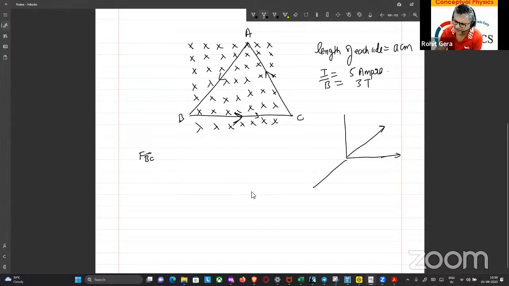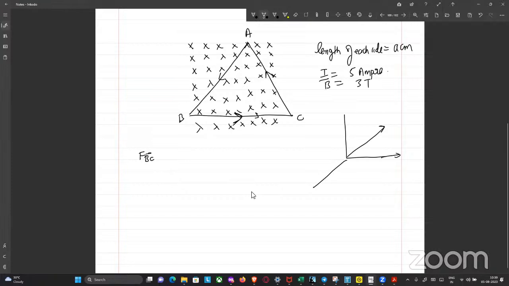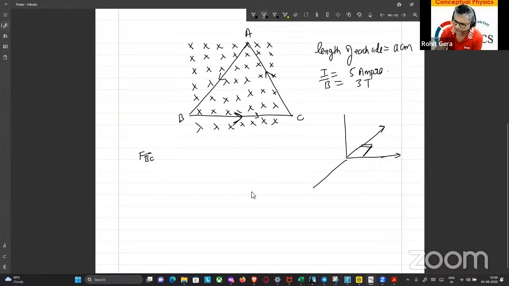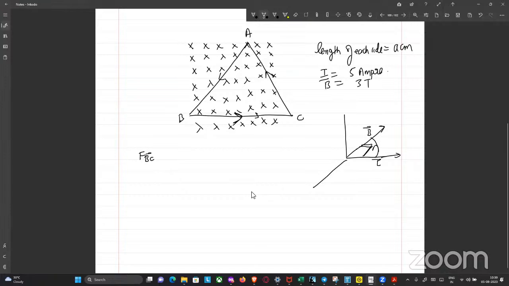So 90 degrees is formed between the two. This is your L, and this is your B. If you move from L to B, what direction will you go? On a corkscrew, upwards.